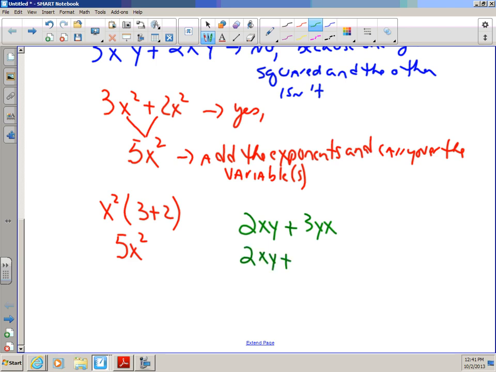So I can rewrite 3yx as 3xy, which is the more standard form to put it in alphabetical order. This makes it very clear that they are like terms and they combine to 5xy. That's why we ask students to put the variables in alphabetical order so as to avoid making a mistake of not seeing like terms that really do exist.